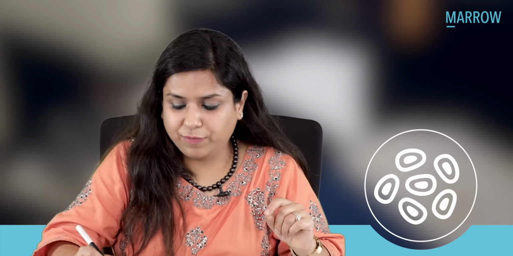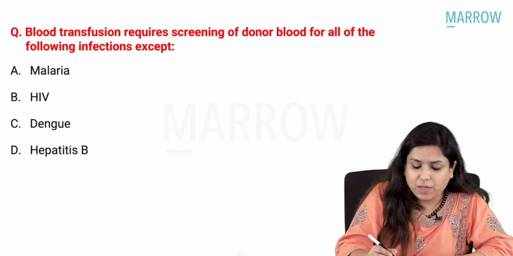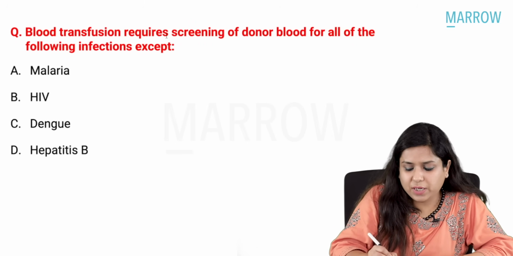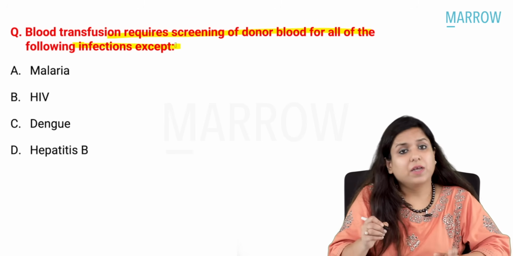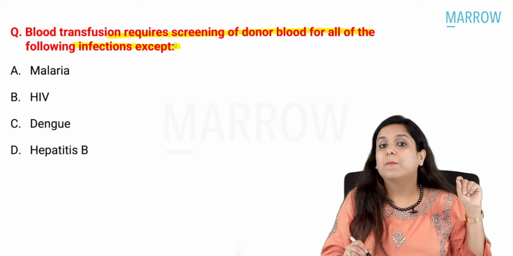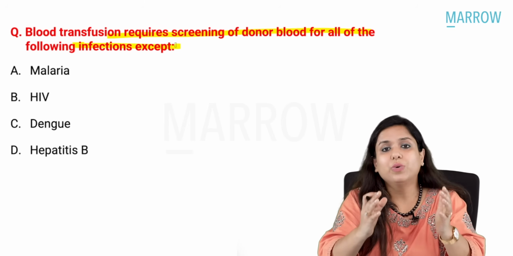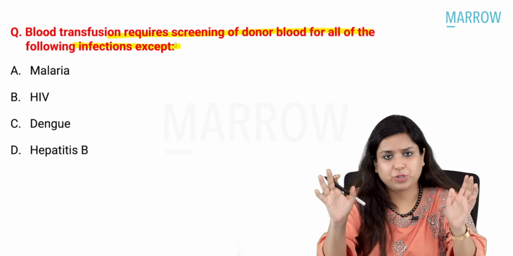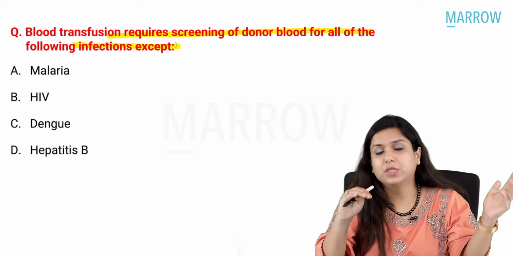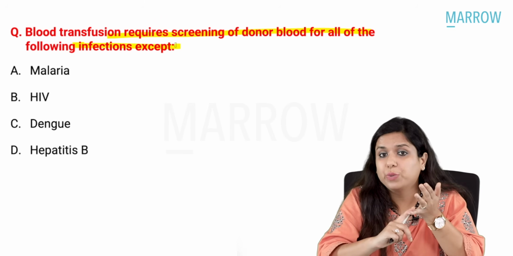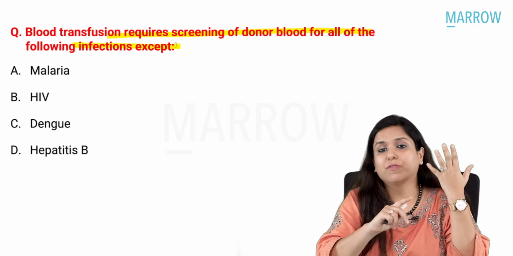Now let us start with the first question. This was: blood transfusion requires screening of donor blood for all of the following infections except. Remember students, in blood banking, I told you whenever we take blood from any patient, before transfusing it to any person, we have to screen the blood for 5 things.